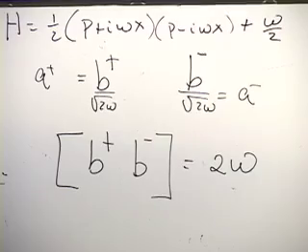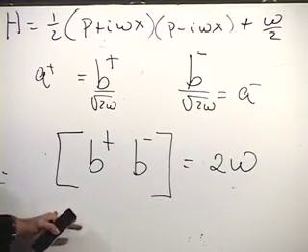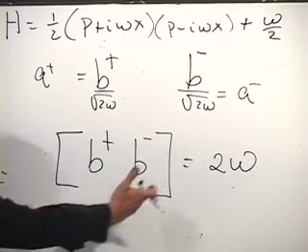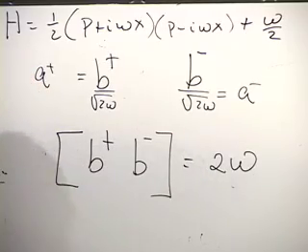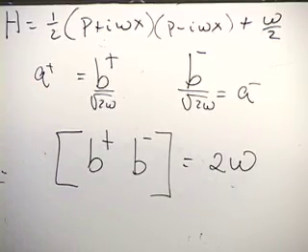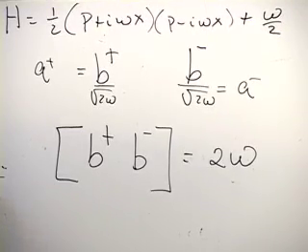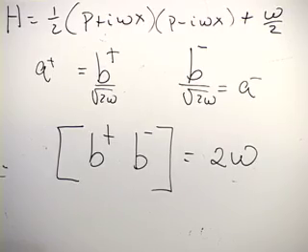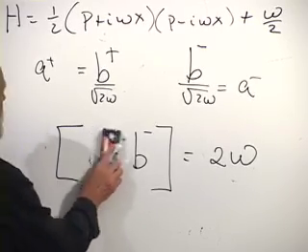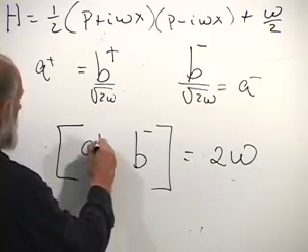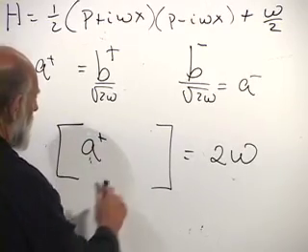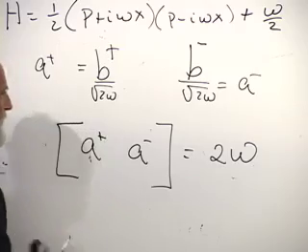And then what's the commutator of A plus with A minus? 1. All I did was divide this out so that the commutator would be 1. This is a nice convention, as we'll see, but nevertheless it's just a convention.